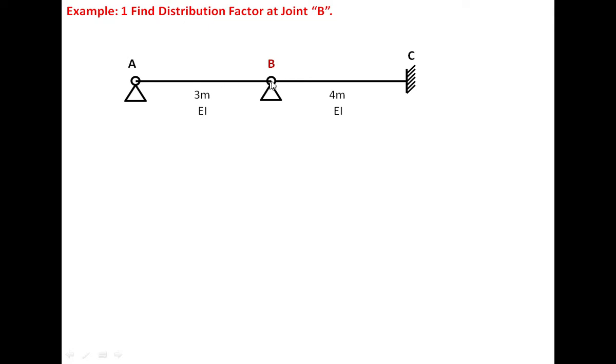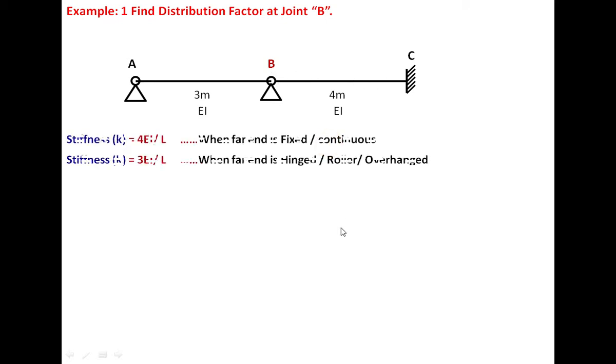Here you can see that point B is a point where two members are meeting. So we want to know, whatever the unbalanced moment at this point is, how much will be resisted by member BA and how much will be resisted by member BC.